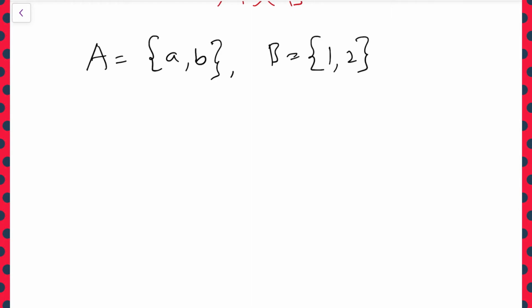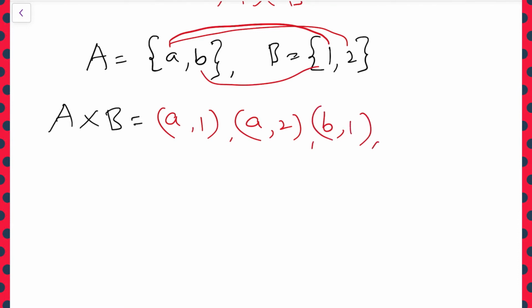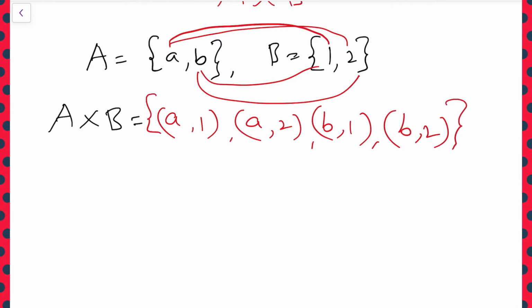So let us write the Cartesian product for this, that is A cross B. (a, 1), (a, 2), (b, 1), (b, 2). From set A to set B, all the possible ordered pairs we will represent. That is nothing but the Cartesian product.